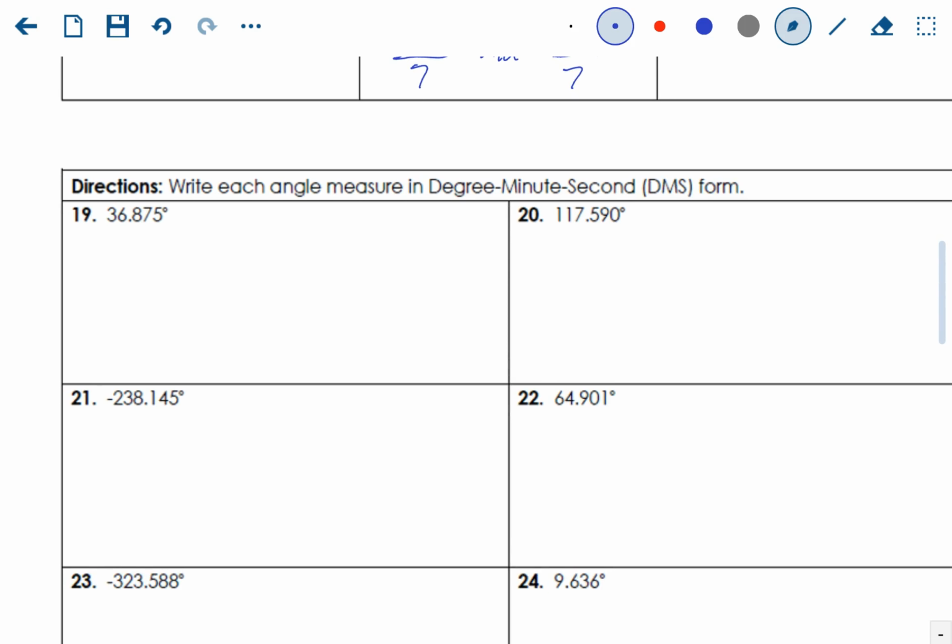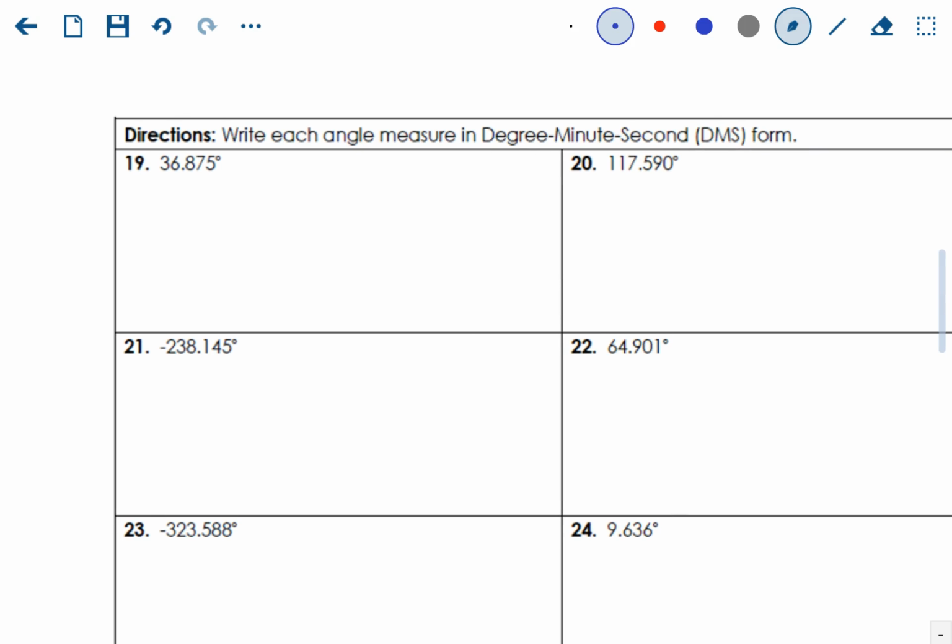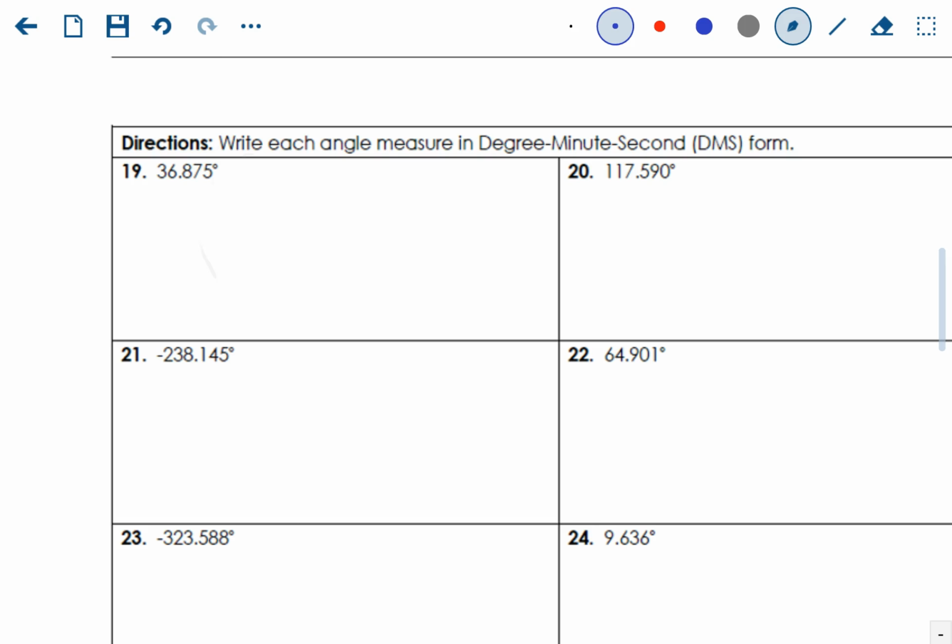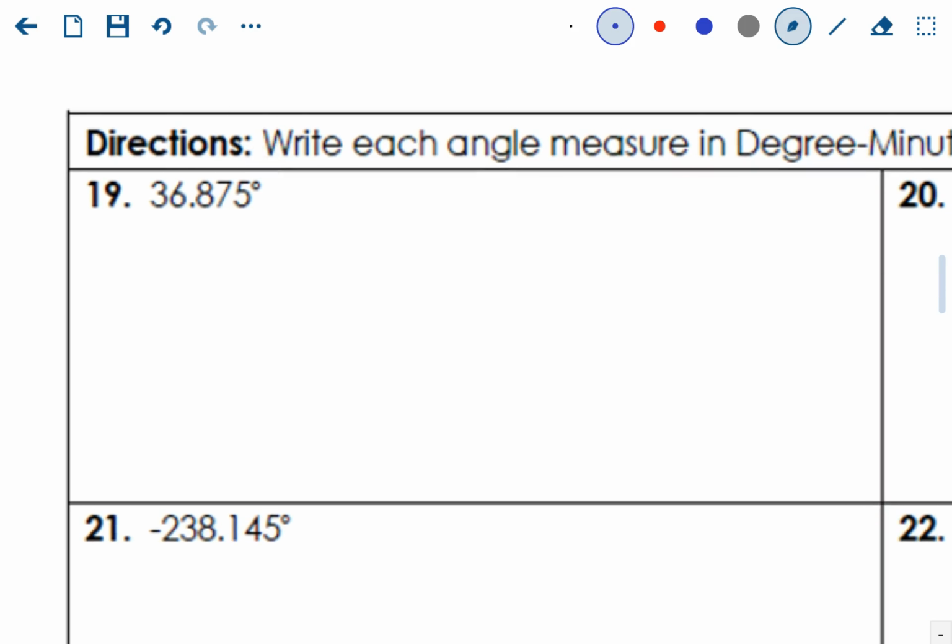Write each angle in degrees, minutes, seconds form. So we're going from decimal degrees to degrees, minutes, seconds. For these, the whole number part's always the same. We're only concentrating on the decimal part. So what you're going to do is take that first decimal part, the 0.875, and multiply it by 60.